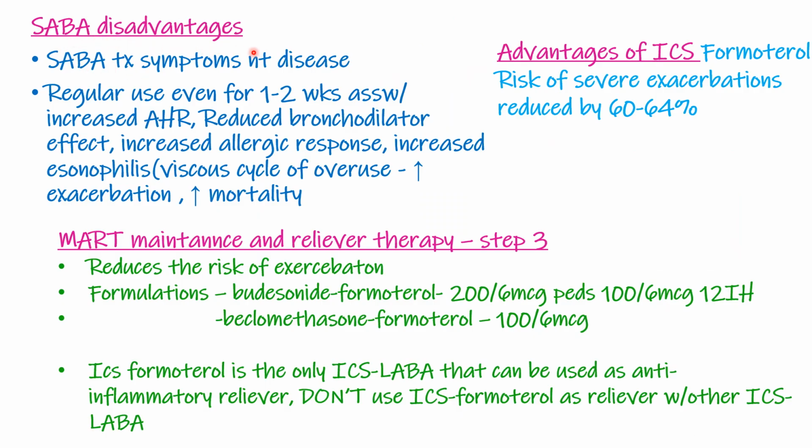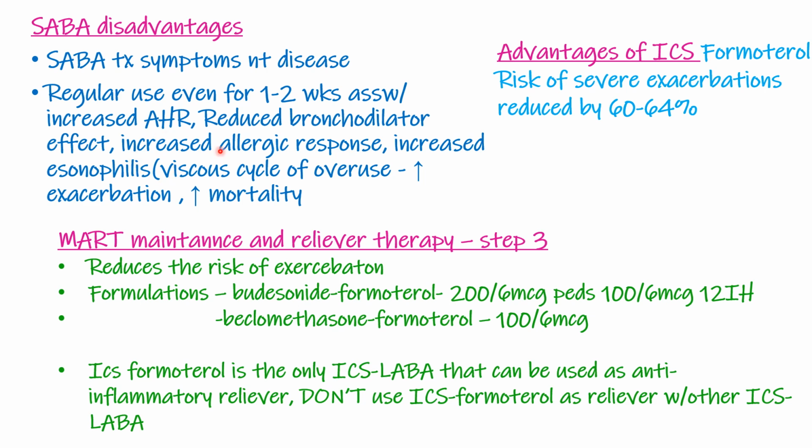So SABA disadvantages. If you have noted in the previous slide, you have not mentioned SABA a lot. What you have mentioned is ICS-formoterol or ICS-LABA. SABA, that is short-acting beta agonist, treats the symptoms but not the disease. So regular use of it, even for 1 to 2 weeks, leads to increased airway hyperresponsiveness, reduced bronchodilation effect, increased allergic response, and increased eosinophils.